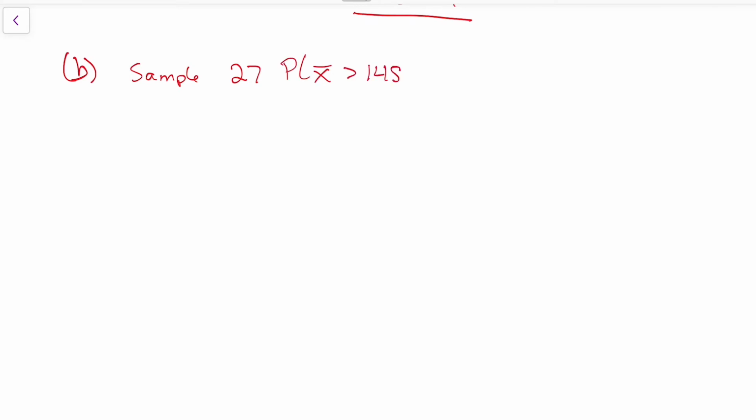Let's move on to part B, right? Part B asked if I have a sample of 27 people, what's the probability that the mean weight is greater than 148 pounds? And we said because it's asking about a sample of 27 people, that I have to use the central limit theorem.